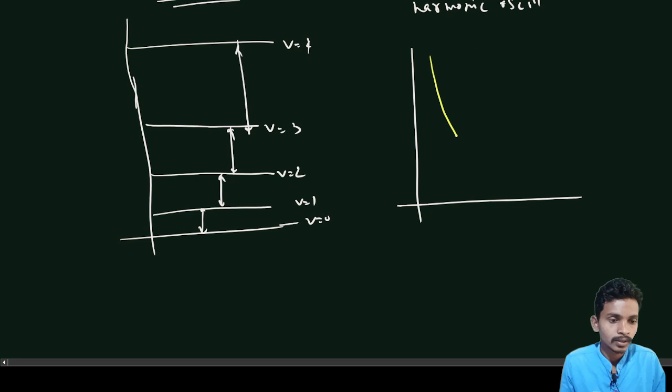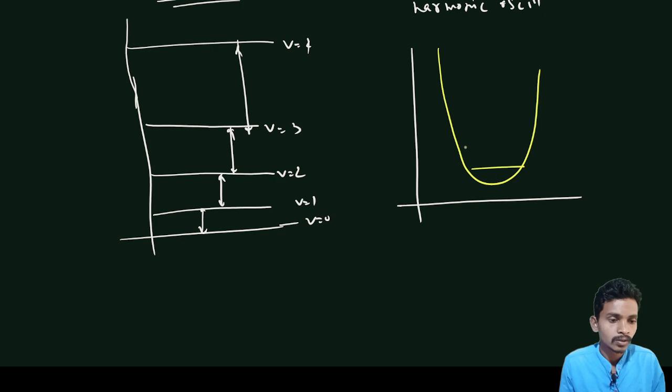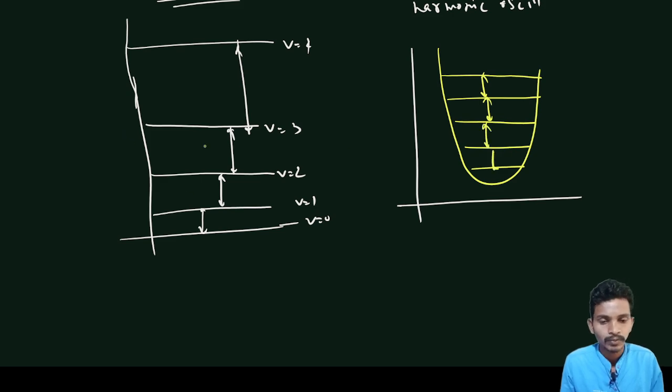If I draw it here, starting from 0, they are equally spaced, meaning each distance is the same. But for rotation, as you go higher the gaps keep increasing. So that is the difference between rotational spectroscopy and harmonic oscillations.